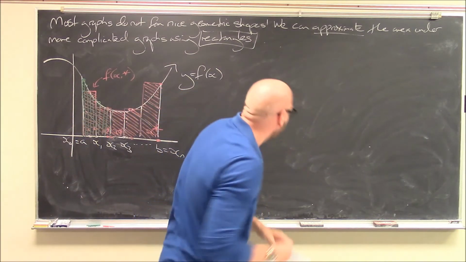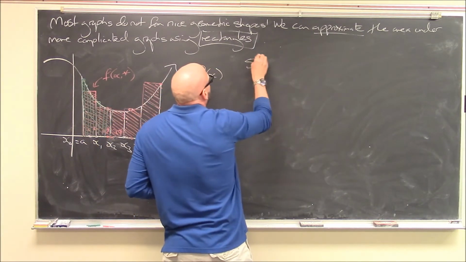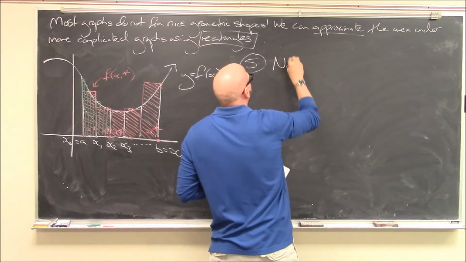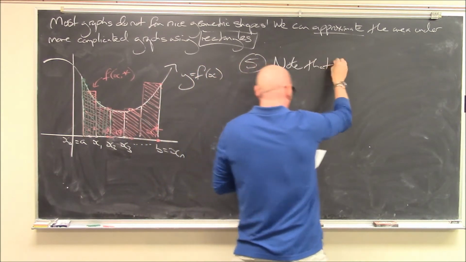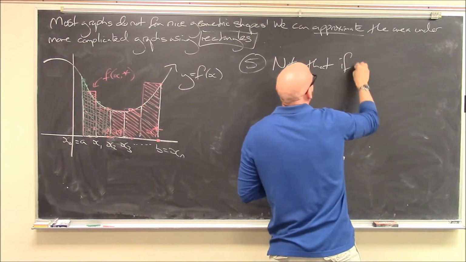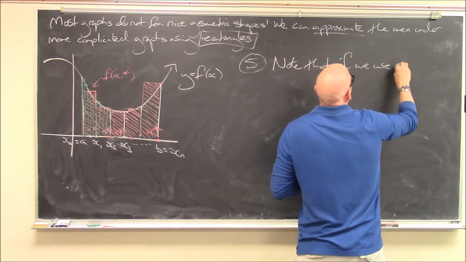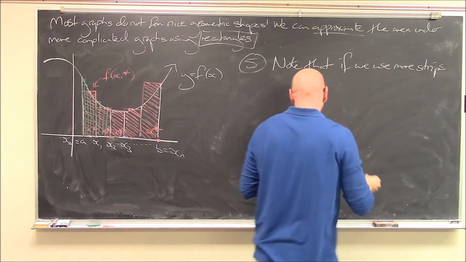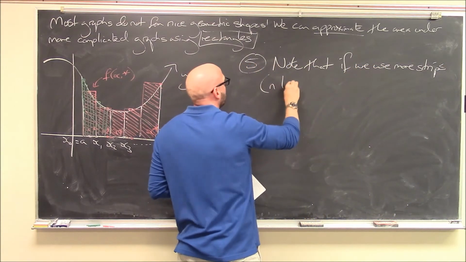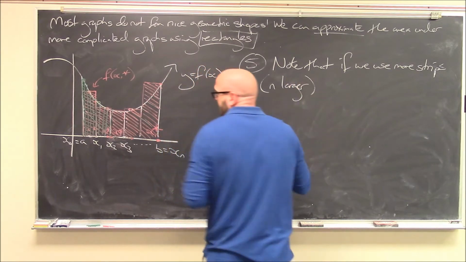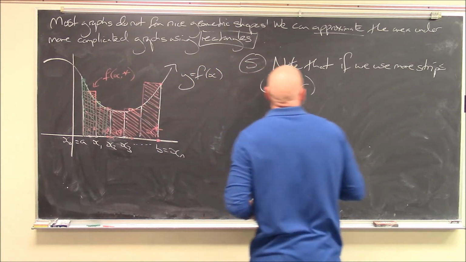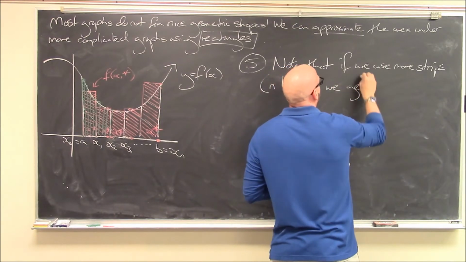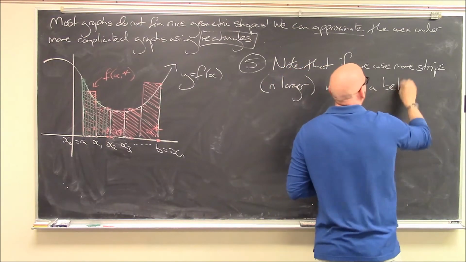So step 5, not necessarily a step, just an observation I'm going to make: note that if we use more strips, so take a larger value for n, the number of approximating rectangles we had, we get a better approximation.